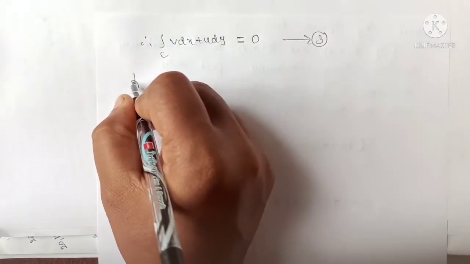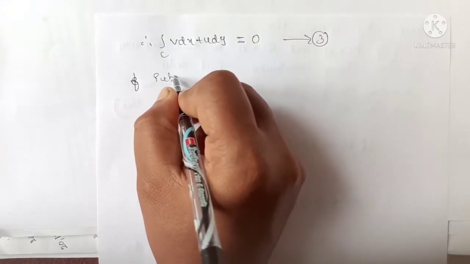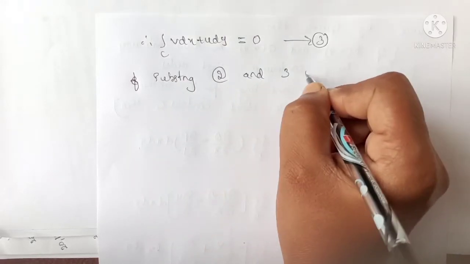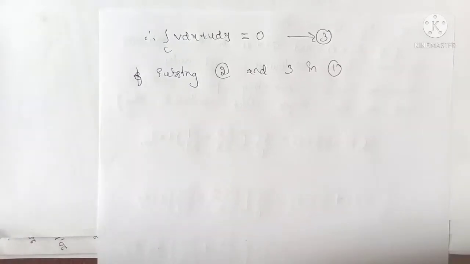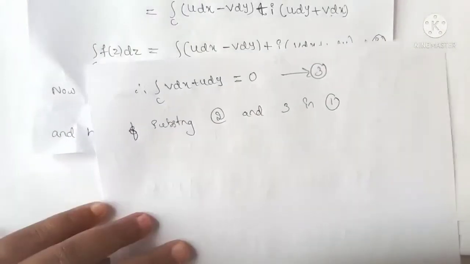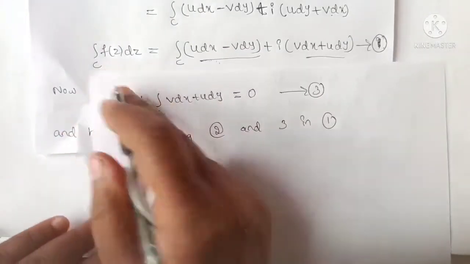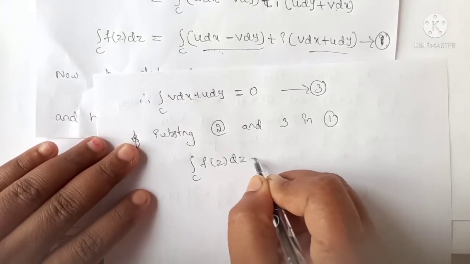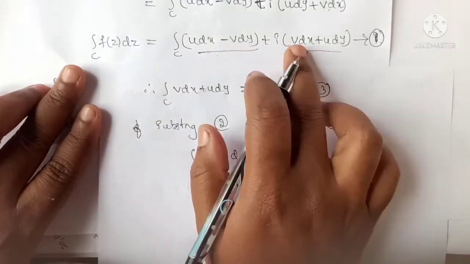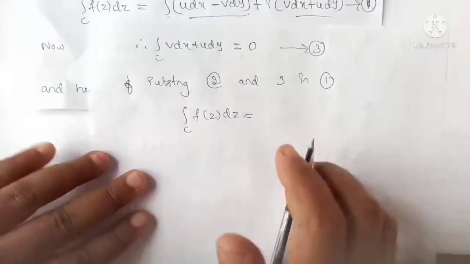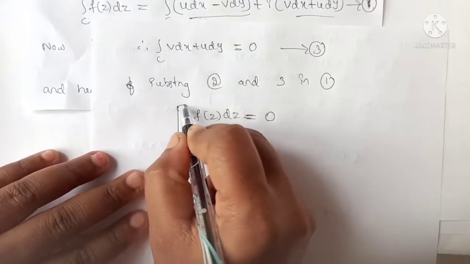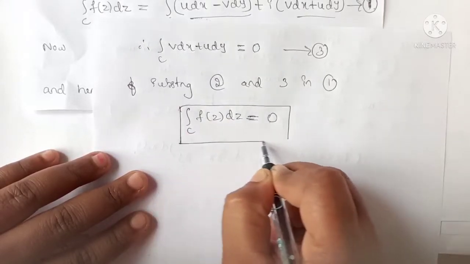So substituting 2 and 3 in equation 1, we get the integral over C of f(z) dz equals 0, since both integrals are 0. So this is the Cauchy's integral theorem.